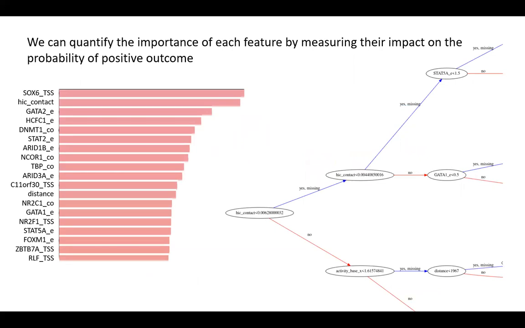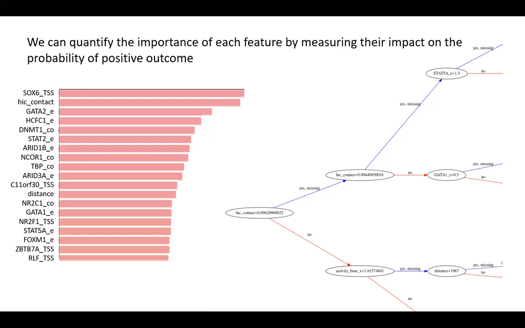And from these machines, you can infer which variables are important in determining which enhancer promoter pair is functional or not. And usually when this kind of tree is learned, the variable that comes early in the tree are the more important ones. So for example, in this tree, Hi-C contact, is the Hi-C contact value less than a certain value or not, is the first variable it looks at to make the decision.